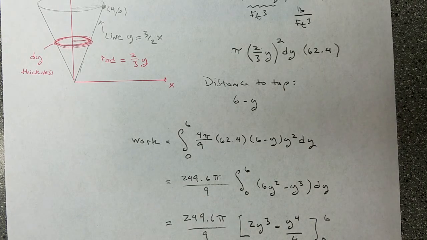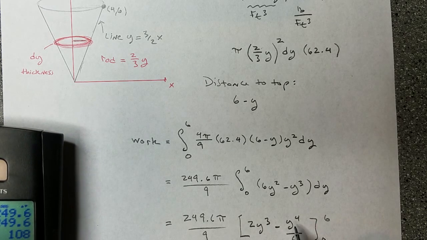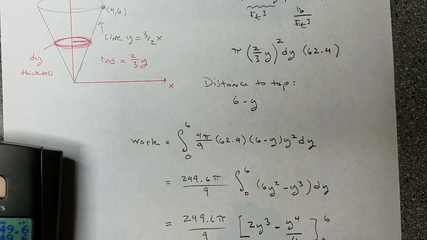So 2 times 6 to the 3rd power, minus 6 to the 4th power over 4. And that number turns out to be 108. All right, so this number is 108. Now let me round my final answer.